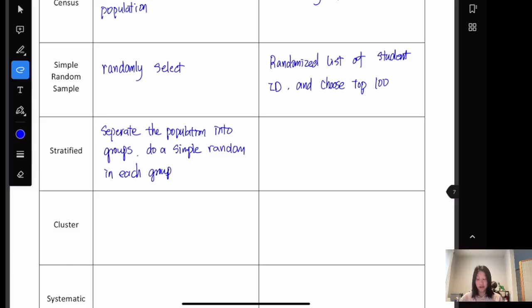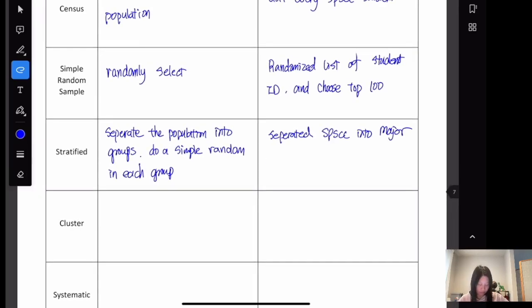So in this case, such as you want to separate SPSCC students by major, and then you're going to randomly select ten students from different majors.